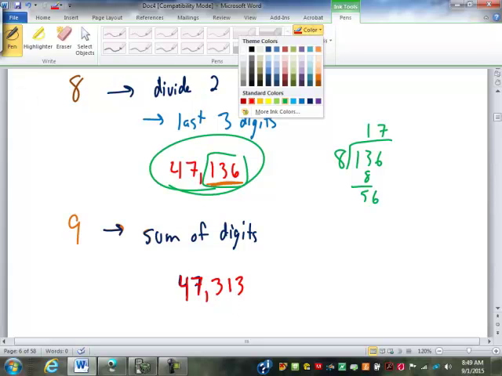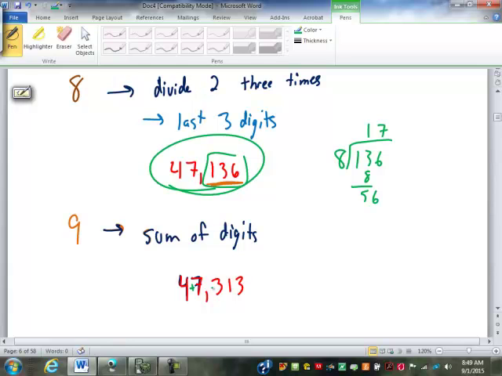Let's see if that's divisible by 9. Well, what's 4 plus 7? 11 plus 3? 14. 14 plus 1? 15. 15 plus another 3? 18. Is 18 divisible by 9? Yep. Yes, so 47,313 is also divisible by 9.